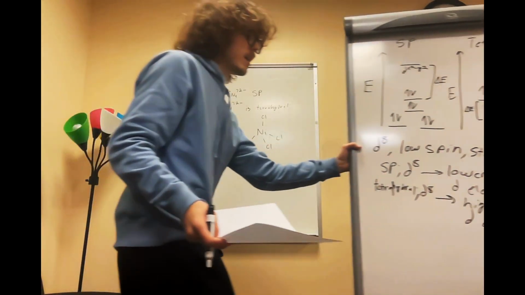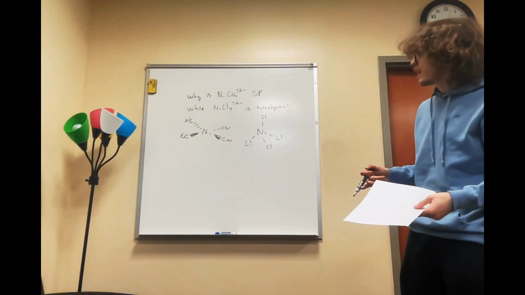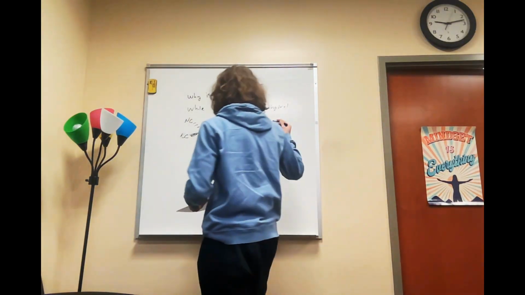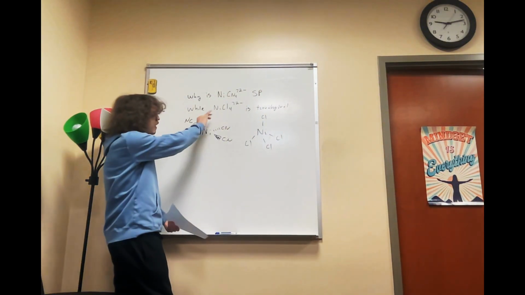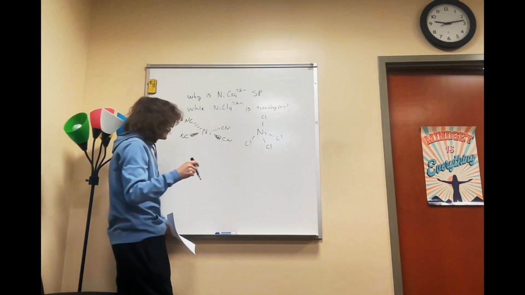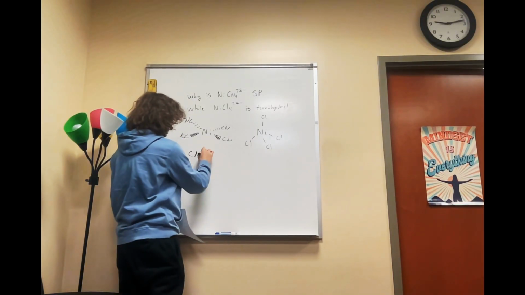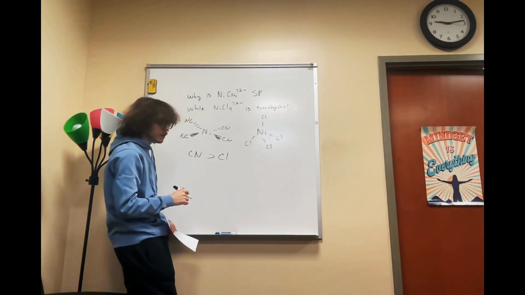But I now want to get back to our initial question that we opened with. Why is nickel with 4 cyano groups square planar while nickel tetrachloride is tetrahedral? Well, if you remember the spectrochemical series, CN is a stronger ligand than Cl.